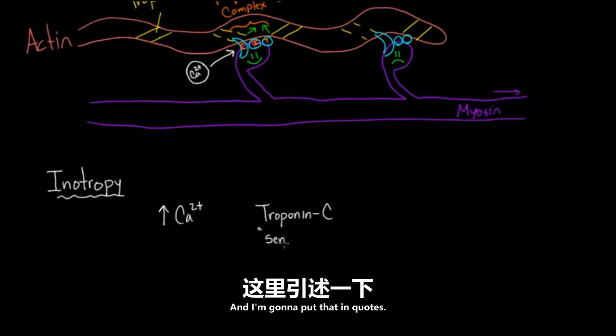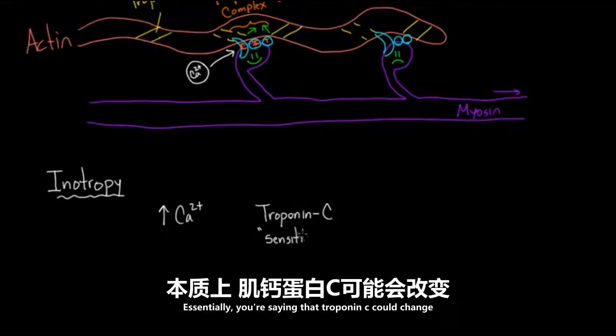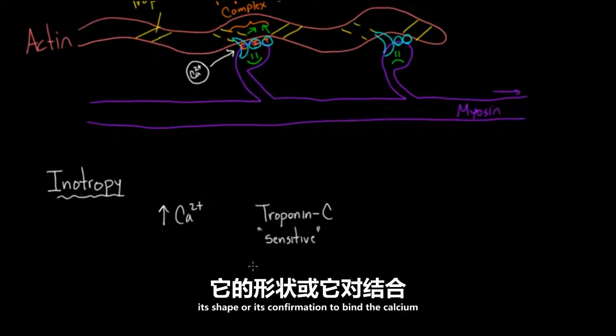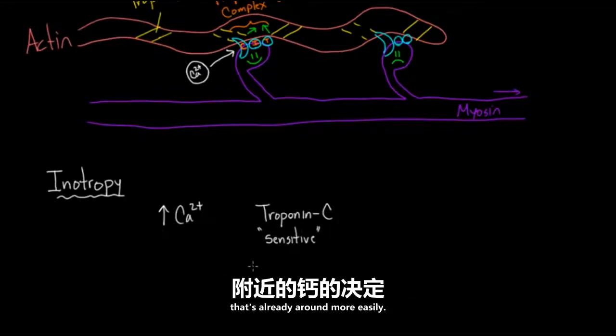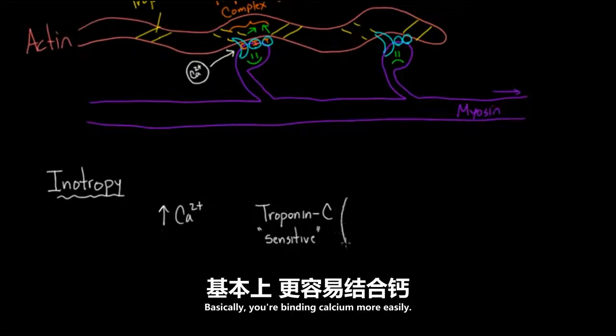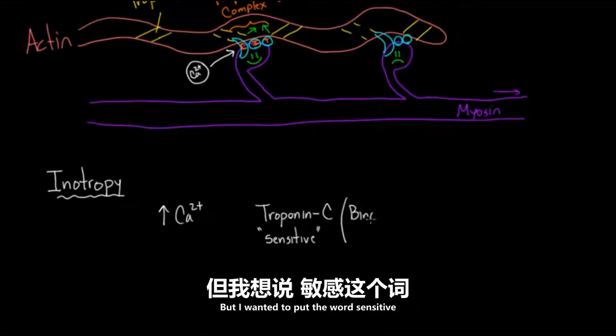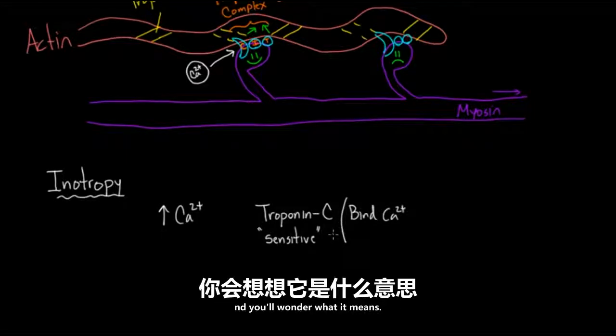And I'm going to put that in quotes because what do I mean by sensitive? Well, essentially, you're saying that troponin C could change its shape or its conformation to bind the calcium that is already around more easily. So basically, bind calcium more easily. But I wanted to put the word sensitive because sometimes you'll see that word and you'll wonder what it means.